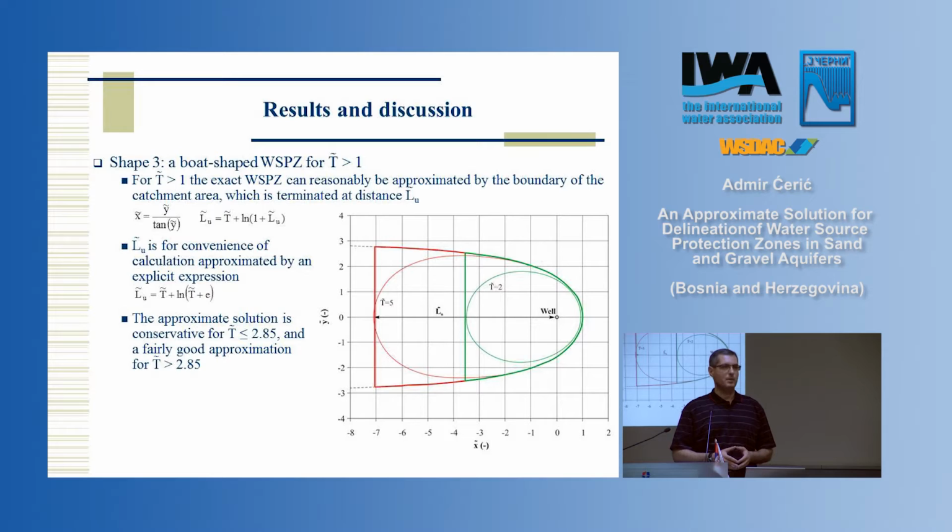And the third case, or the third typical shape of the water source protection zone, would be for any residence time T tilde larger than 1. In that case, we could have seen on previous slides that water source protection zones are elongated and cannot be reasonably approximated by circles, for which reason it is proposed that a so-called boat-shaped water source protection zone is introduced for any such case.